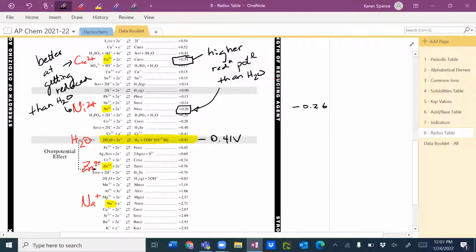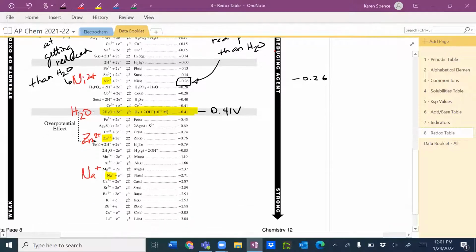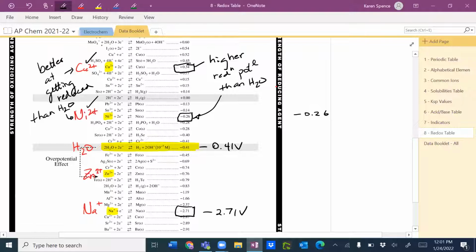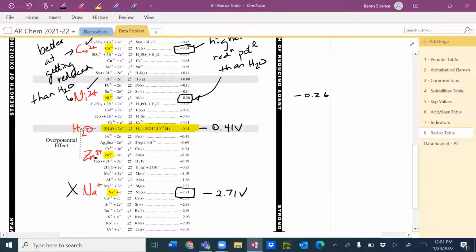I'm going to skip zinc just for a moment. I'll tell you when we get there. We're going to go to sodium right this second. So sodium, negative 2.71. It's way worse at getting reduced than water. So we can say yes, nickel will get reduced even if water's present. Copper will get reduced even if water's present. Sodium will not get reduced because the water will be preferentially reduced instead of sodium.